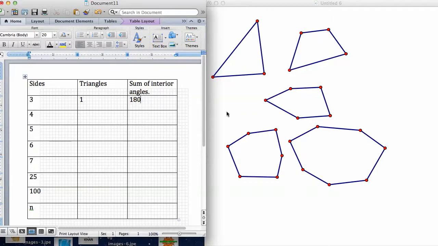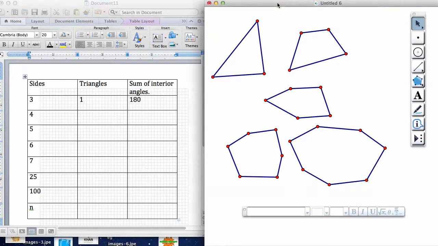Now, what I want to do is take this idea and run with it, because it's a very simple idea and I like keeping things simple. So I want to take a look at a four-sided figure, five-sided, six and seven. And what I want to do is make triangles from them by making diagonals.